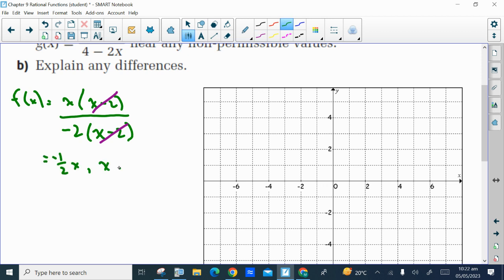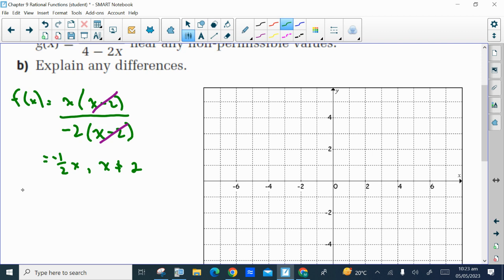But we have to state the restrictions from the original expression, and that is that x cannot equal 2. Once again, because the x minus 2 canceled, at 2 you're going to have a point of discontinuity. That non-permissible value came from the factor that canceled.